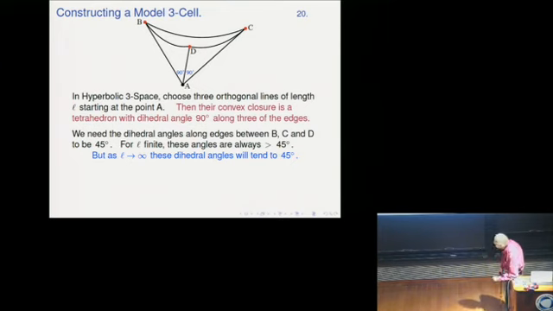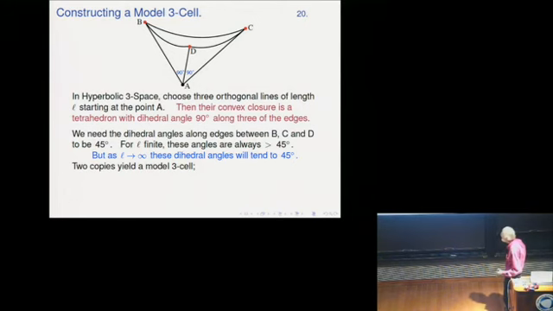In the limit, as L goes to infinity, the dihedral angles will converge to 45 degrees. So we take the ideal tetrahedron constructed in this way, with edges going out to infinity, take two copies and paste them together, and we get a model 3-cell.